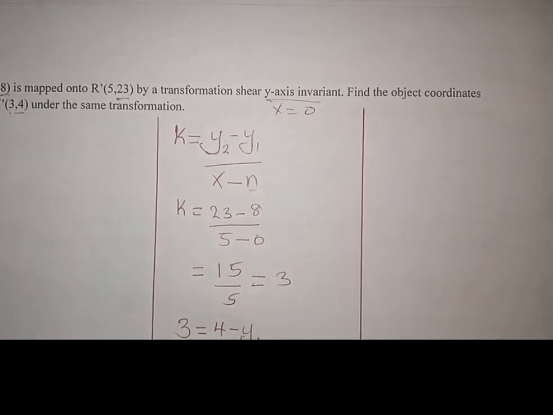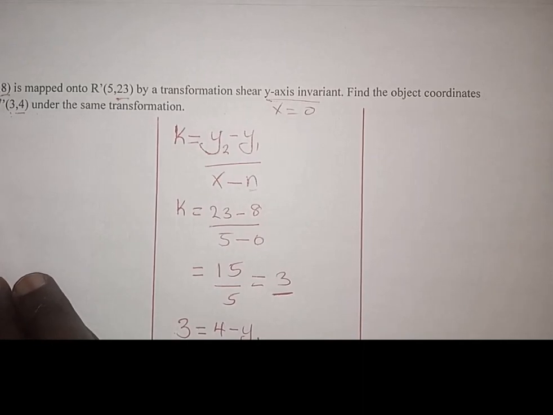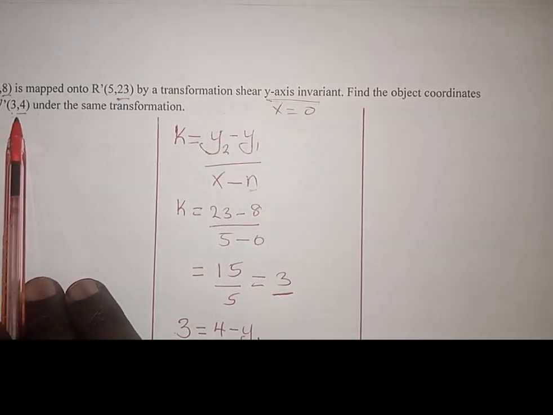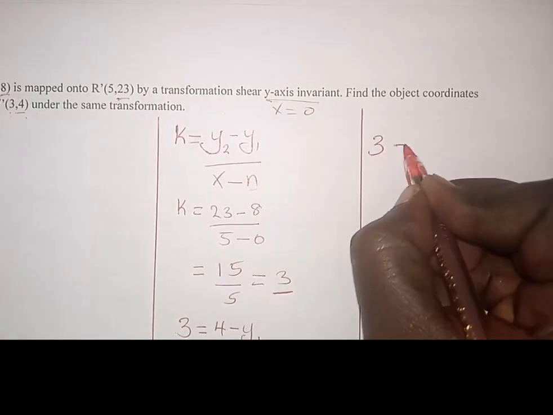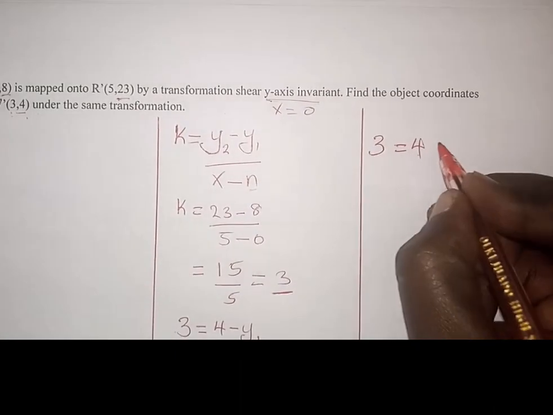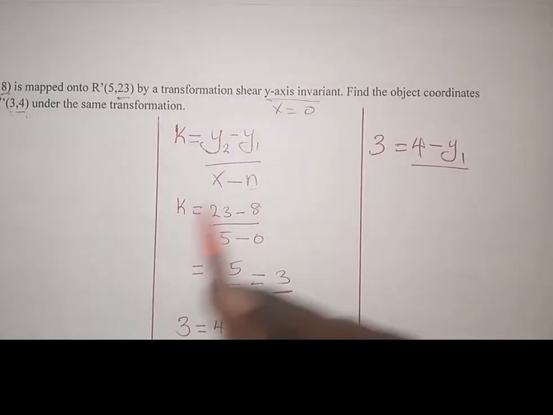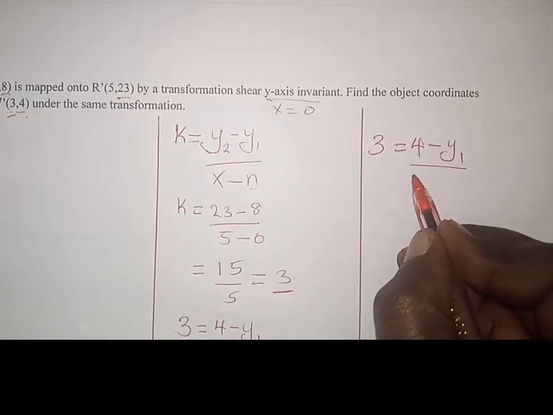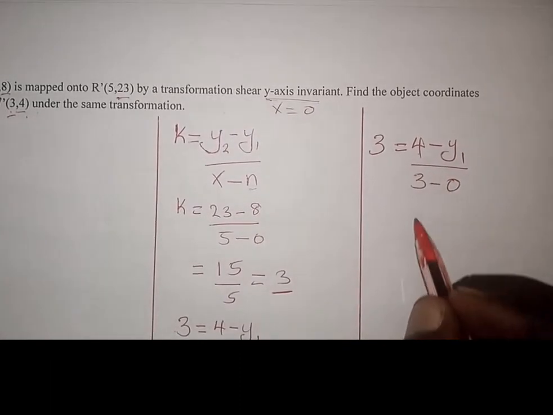So we are looking for y1 after getting the shear factor. Find the object coordinates (x,y) of W prime (3,4) under the same transformation. So 3 equals (4 minus y1) divided by (3 minus 0), since the y-axis is the invariant line.